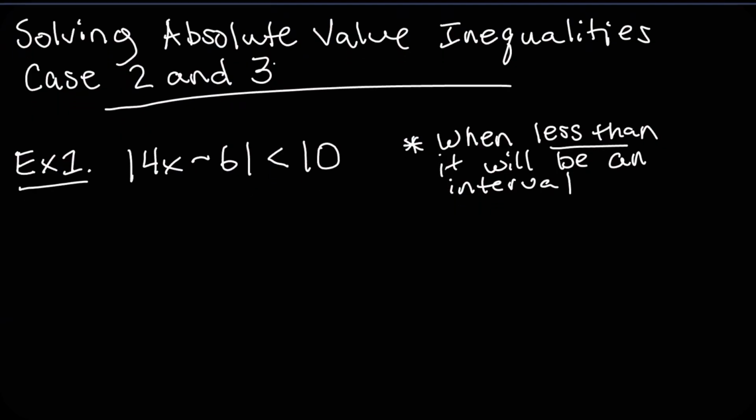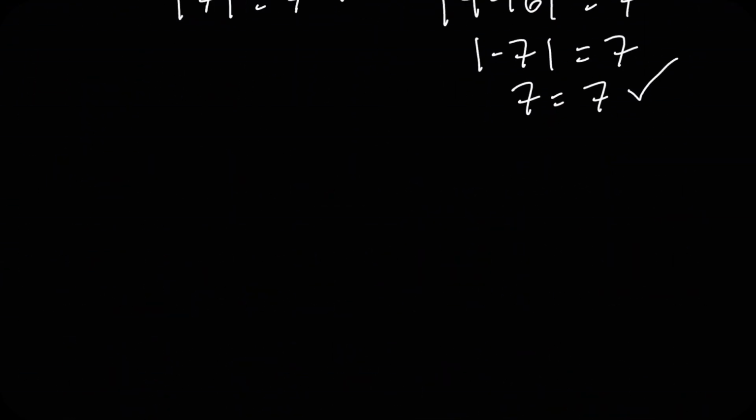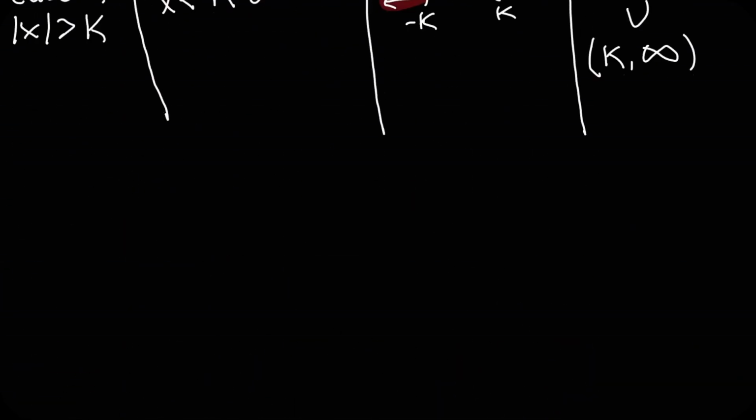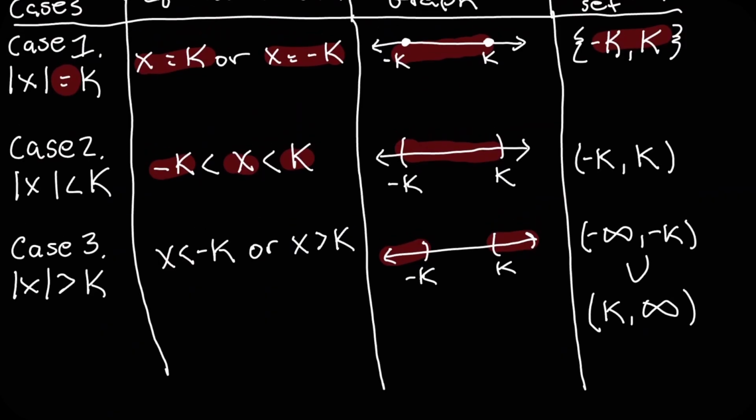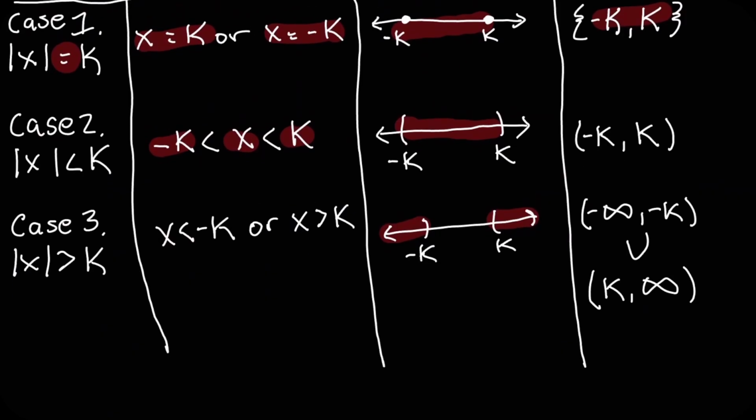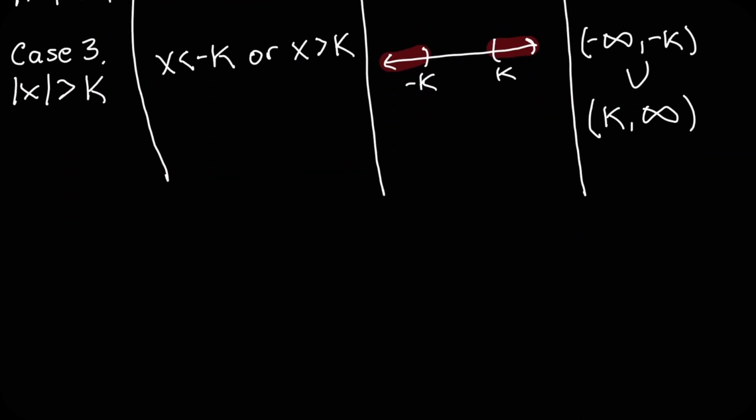We have the absolute value of 4x minus 6 is less than 10, and we want to go ahead and solve for x. So first things first, we have to remember what we need to do in order to set this equation up. So unlike the other one, we will now have our x sandwiched in between a negative k and a positive k.